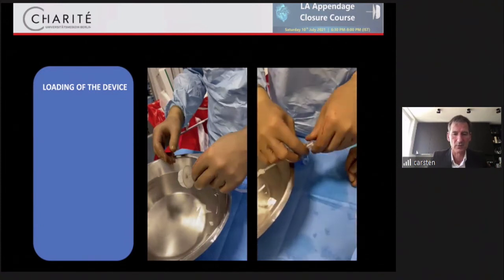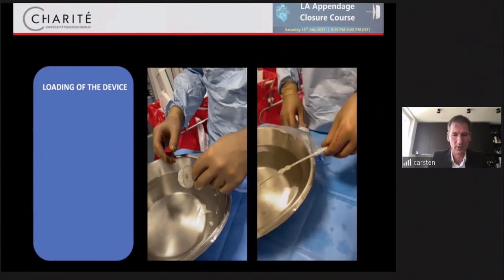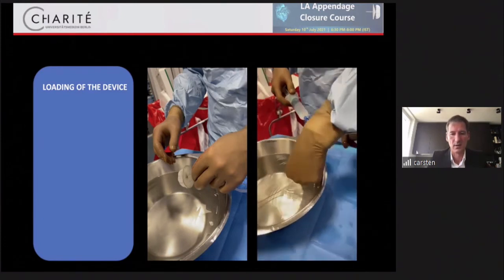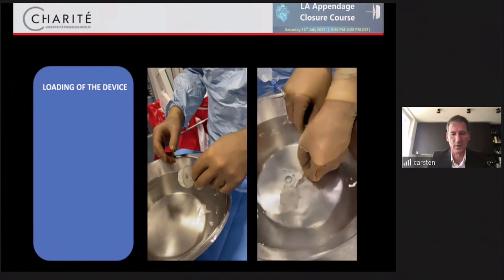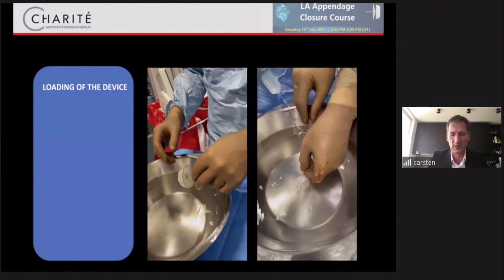So you have to flush with saline, put it underwater, and then you can basically retrieve it into the loader. And then you are pretty much ready to go.